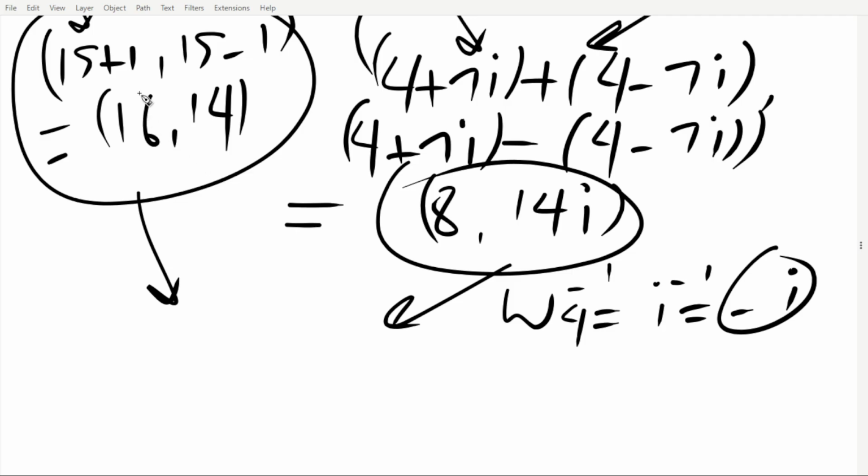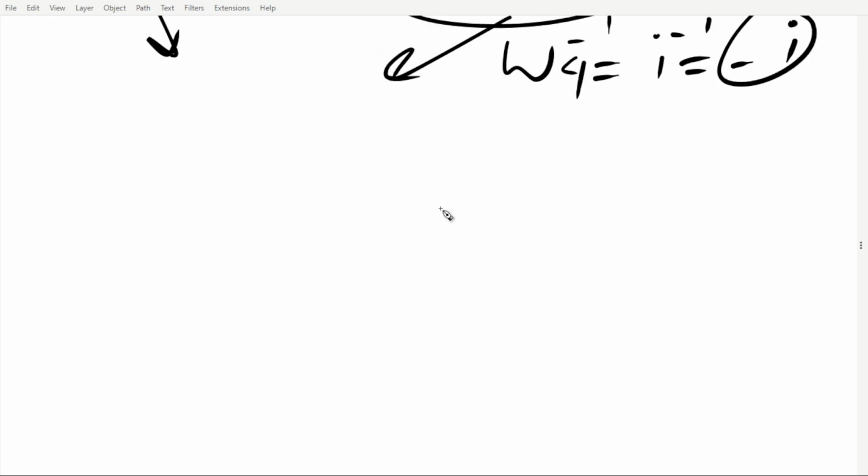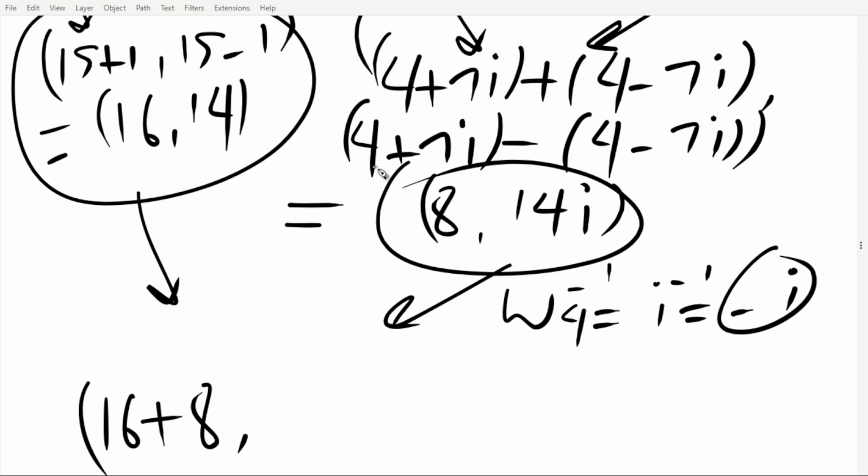So it is 16 plus 0th power of minus i multiplied by 8, which is actually 16 plus 8. For the second component, take the second values 14 and 14i, and here the multiplier is minus i to the power 1, which is minus i.